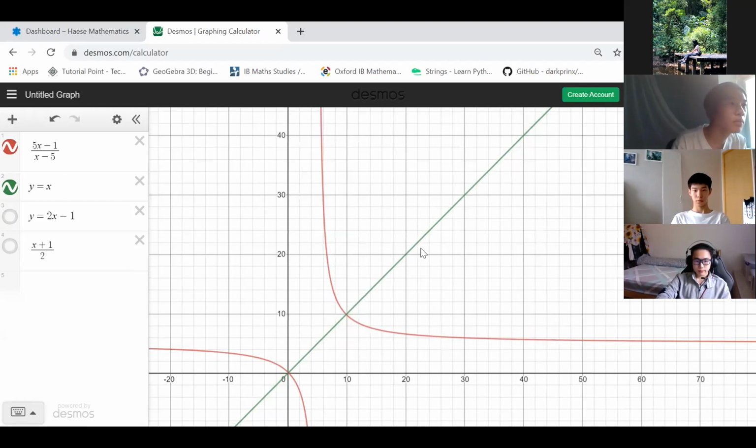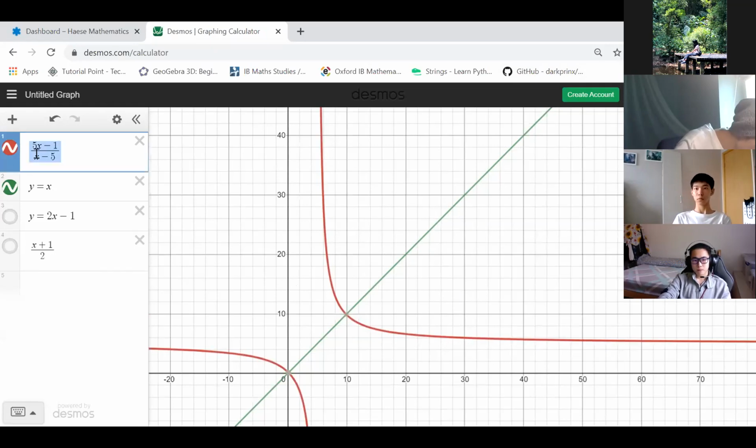The inverse is meant to be mirrored along this line. So whatever is mirrored along this line is meant to come on this side, which is also already there.